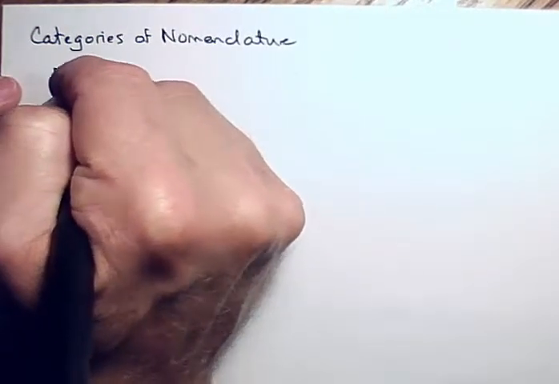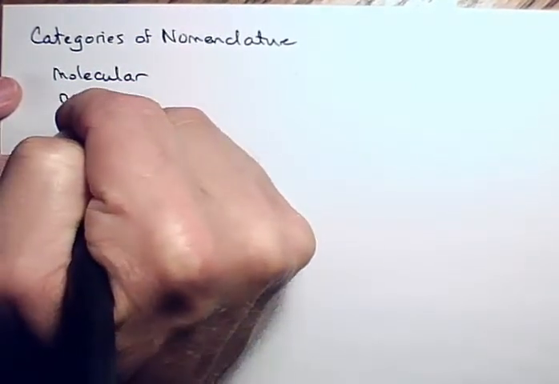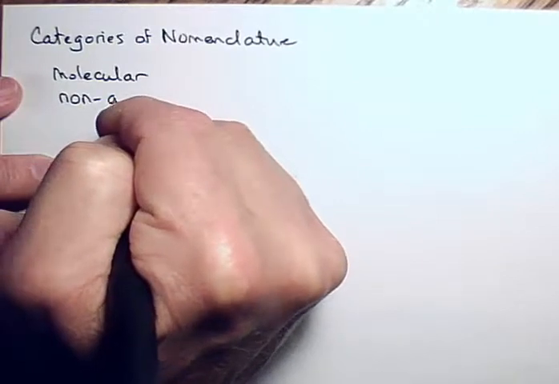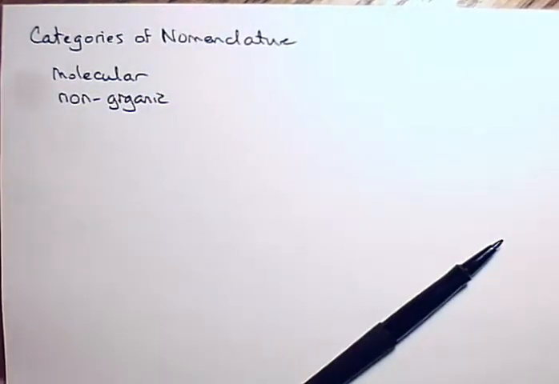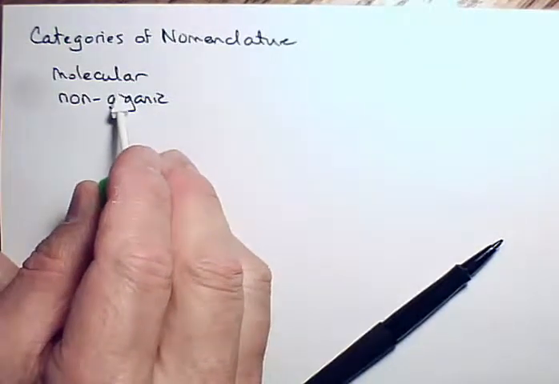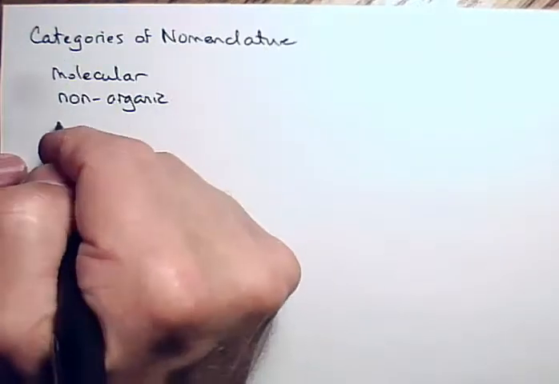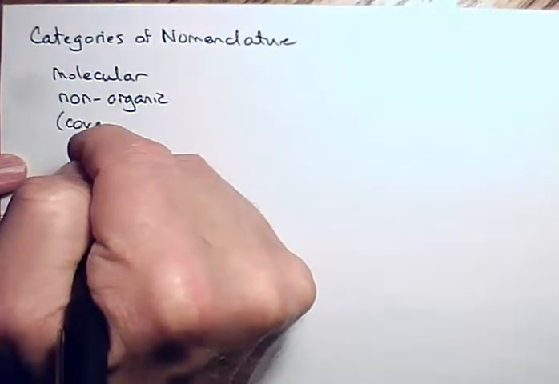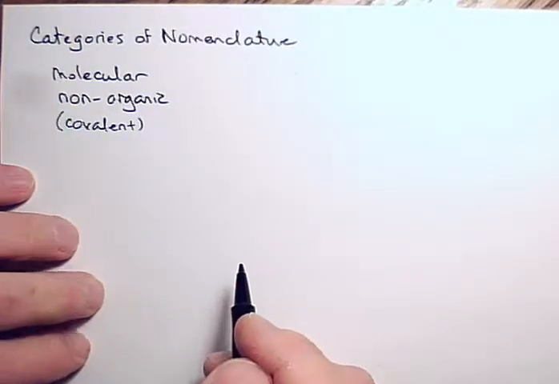So molecular, non-organic, and molecular means it is covalent. That is to say, there is sharing of electrons.